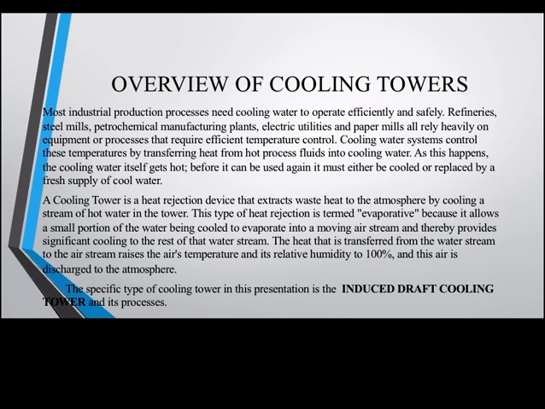So the overview of cooling towers. Most industrial production processes need cooling water to operate efficiently and safely. So the refineries, steel mills, petrochemical manufacturing plants, electric utilities, and paper mills all rely heavily on equipment or processes that require efficient temperature control.